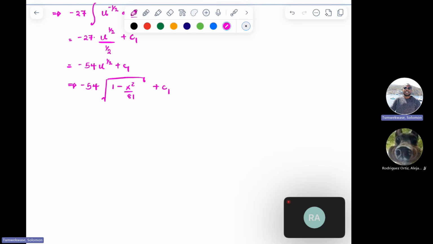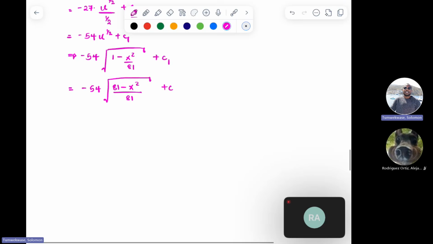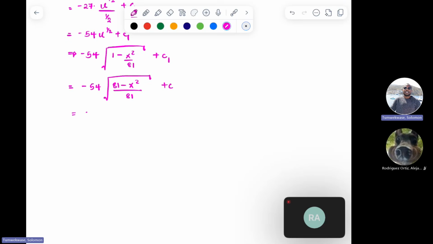c1. If you want to make it look nice, this is negative 54 square root of 81 minus x squared over 81, getting the LCM, plus c1. This is negative 54 times square root of 81 minus x squared over square root of 81, which is 9, plus c1.